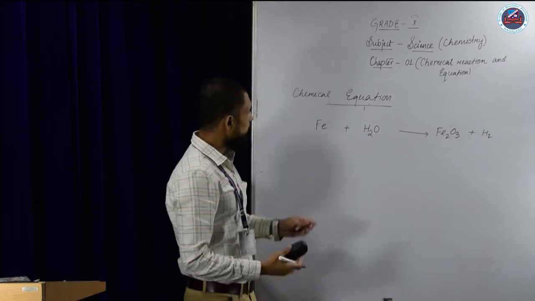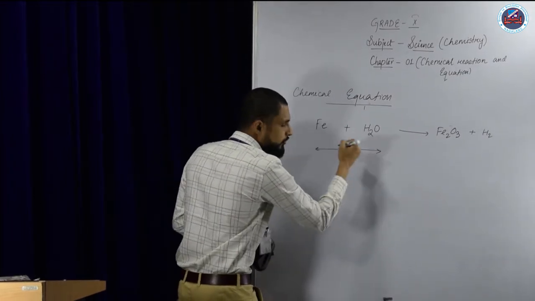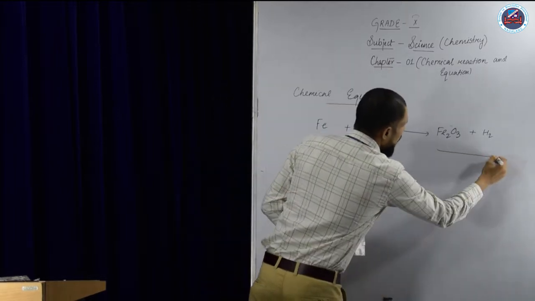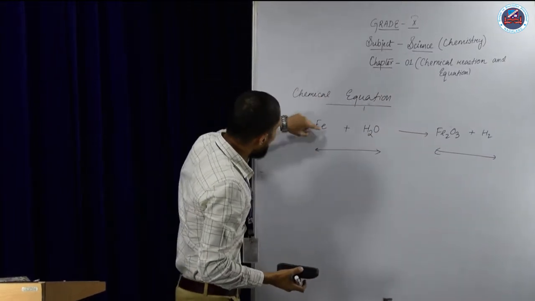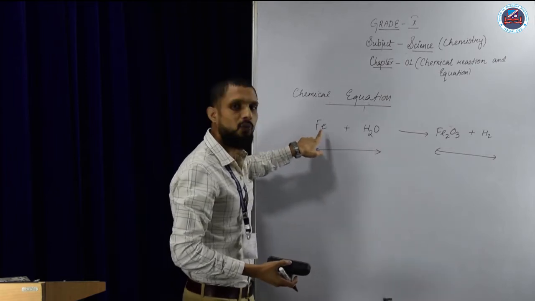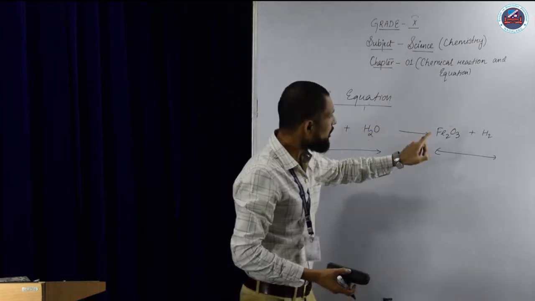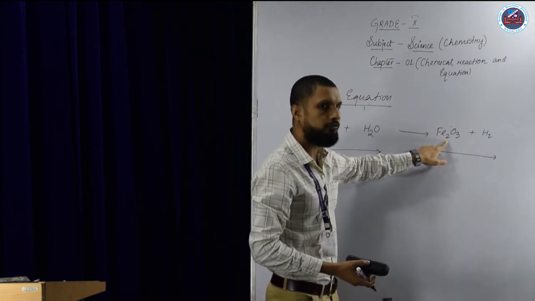Now if you look at this reaction, the left hand side is reactant, right hand side you have product. Now on the reactant side you have Fe. How many Fe do you have? You have only one Fe. But on the product side you have Fe2, that means you have 2 Fe.